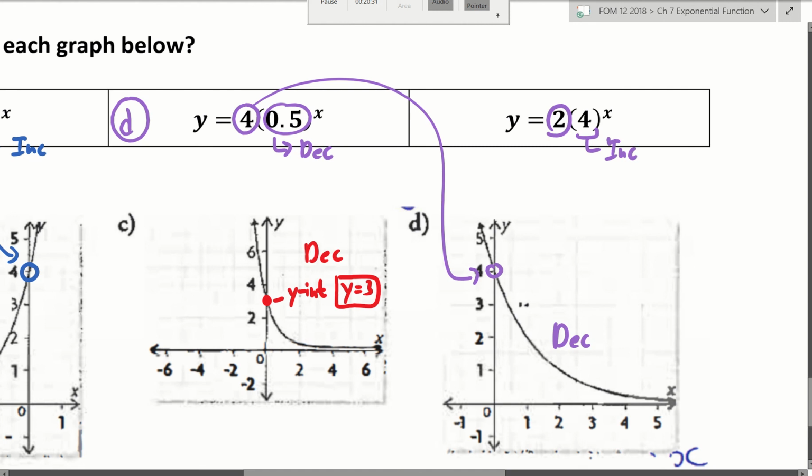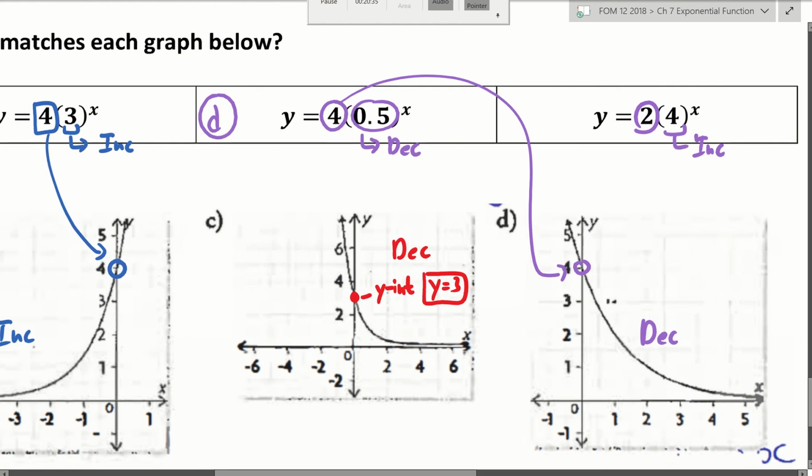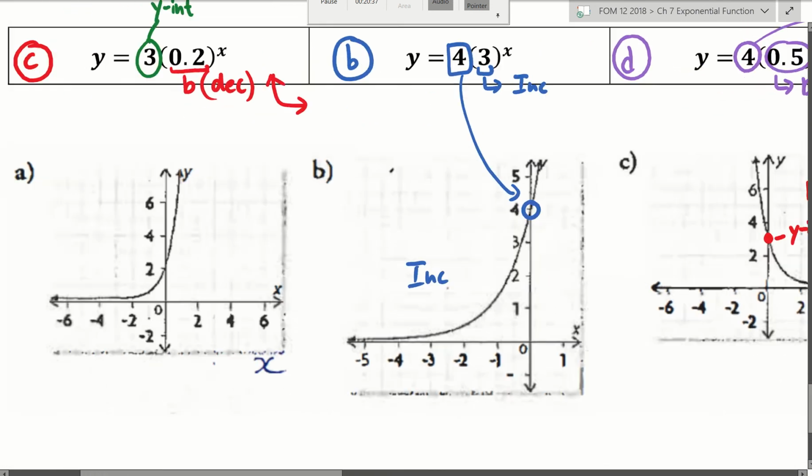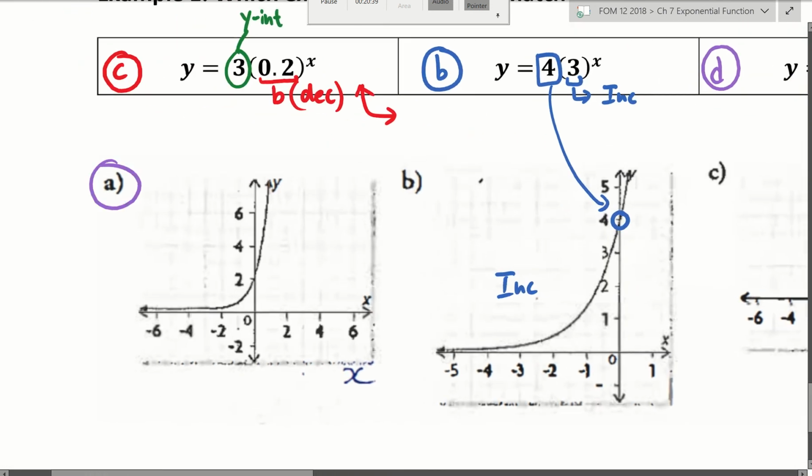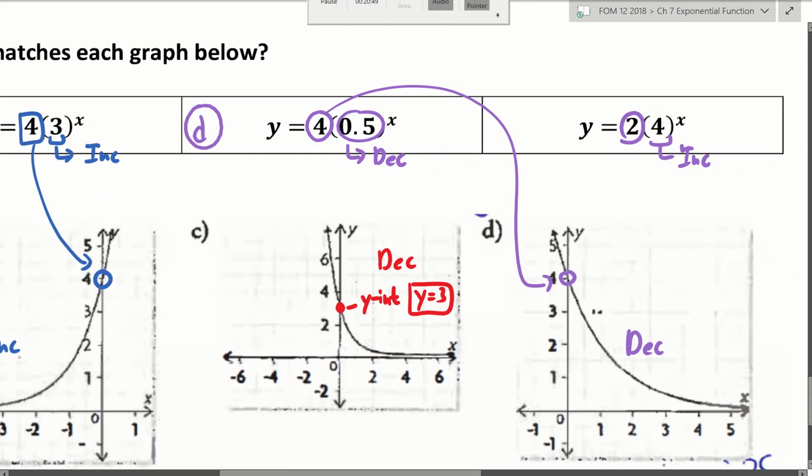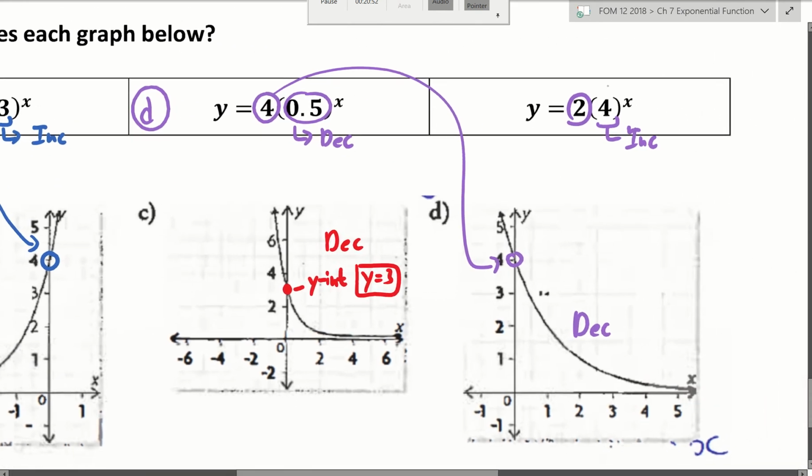Therefore, that must be the last remaining one, A. So look, y-intercept at 2, and then it's increasing as a graph. So there we go. This is A.